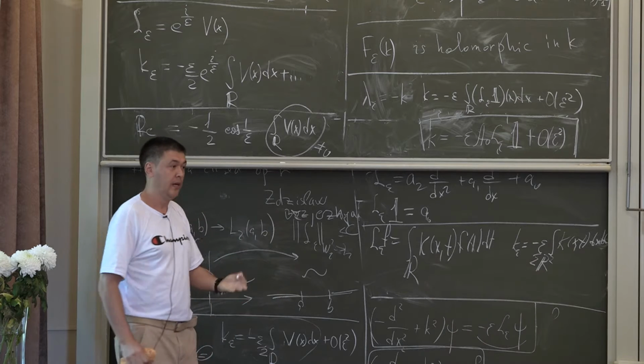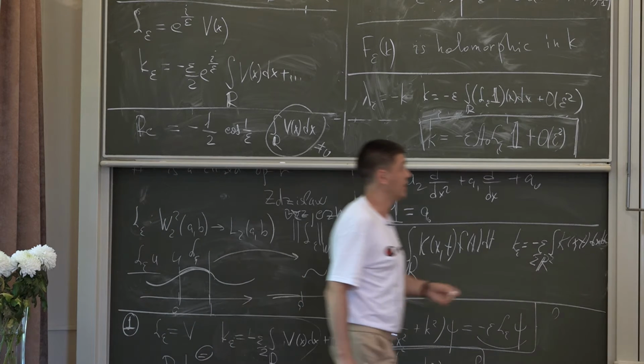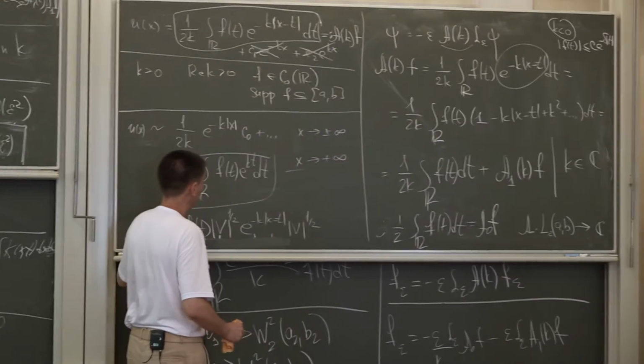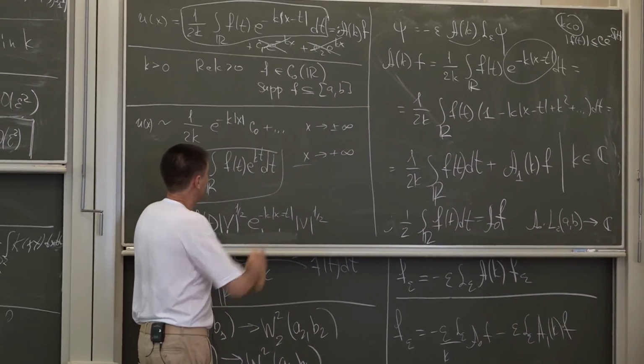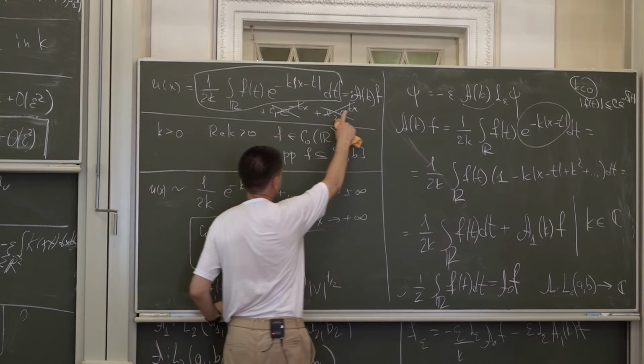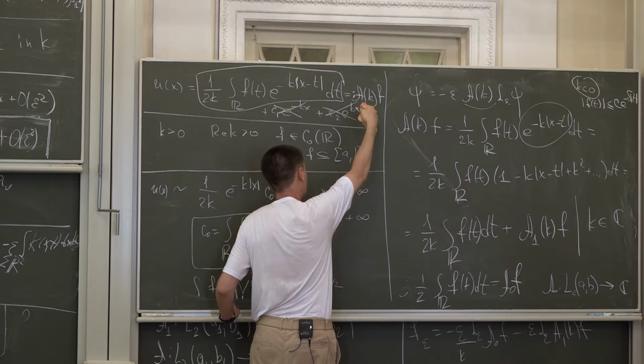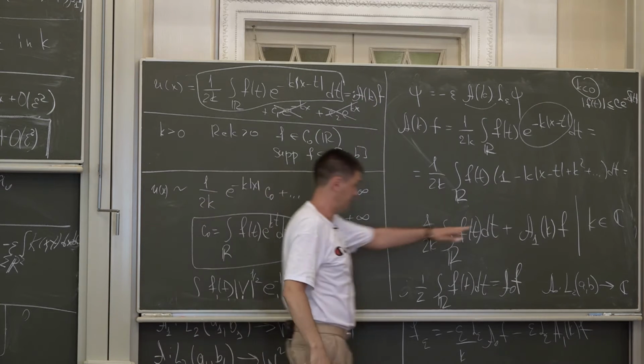We should know the behavior of the resolvent for the unperturbed operator. Actually, we need a formula something like this. And here we began by assuming that K is positive, or the real part of K is positive, when I said that K is complex.